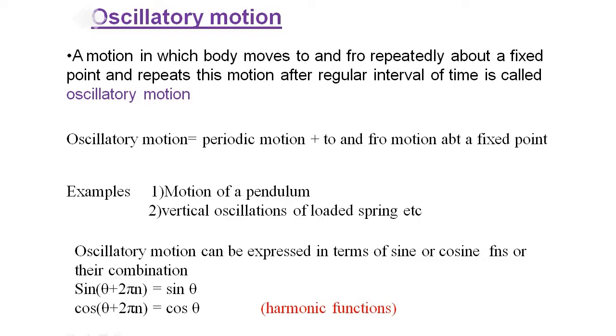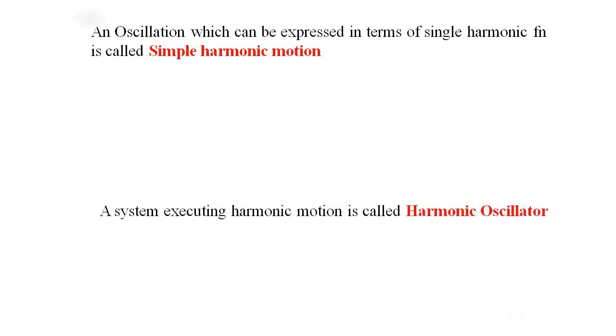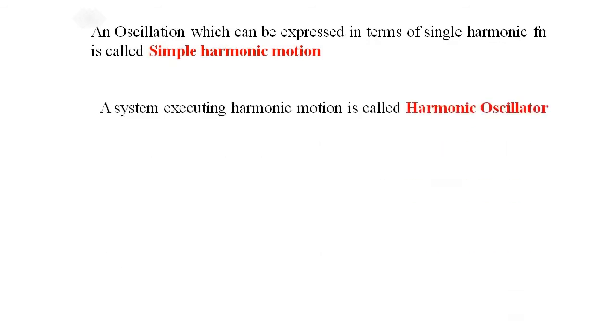So any oscillation which can be expressed in terms of a simple harmonic function is called simple harmonic motion, and a system executing such motion is called a simple harmonic oscillator.